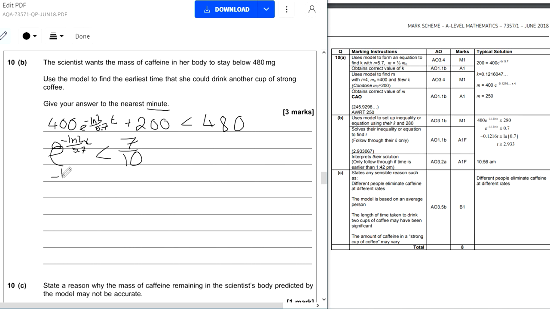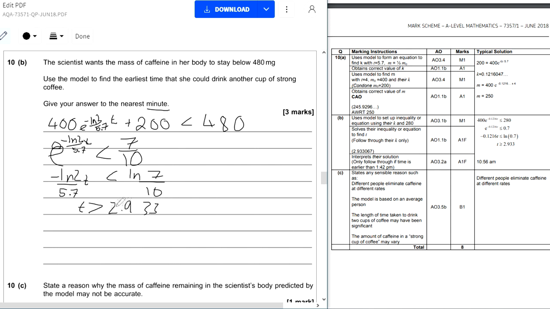Ln both sides, so minus ln 2 over 5.7 t is going to be less than ln 7 over 10, and then just divide by ln 2 over 5.7, but it's minus, so you've got to flip the inequality. This is actually going to be a negative constant because 7 over 10 is below 1, so that's going to be negative, so this should work out. We're going to get 2.933.